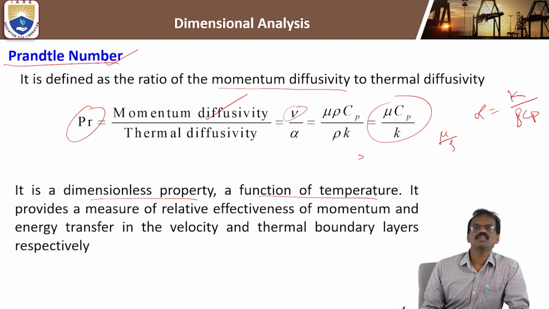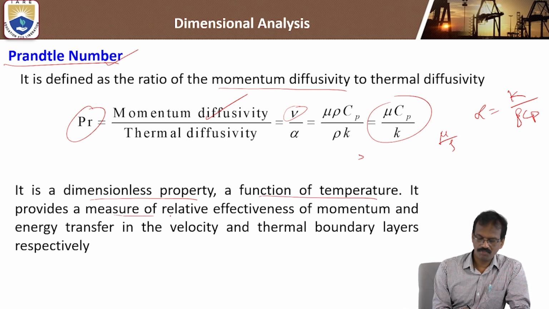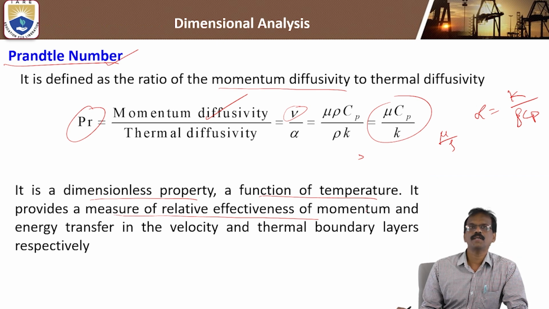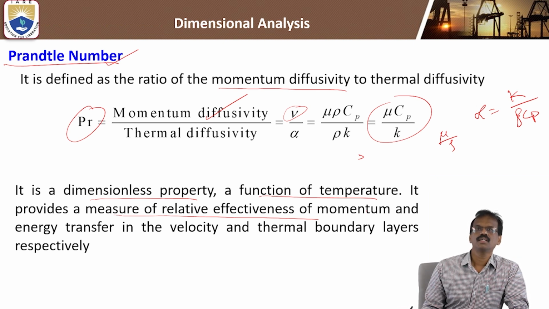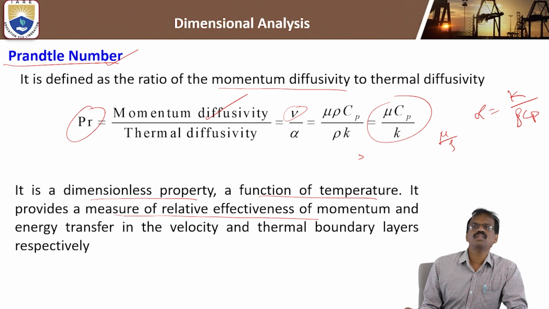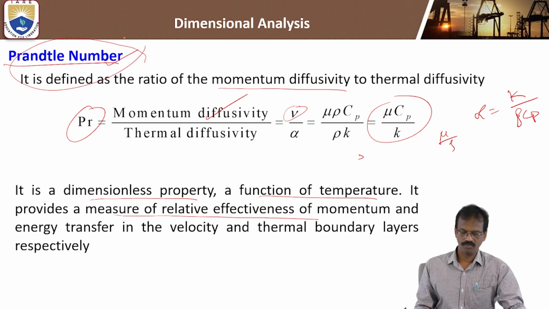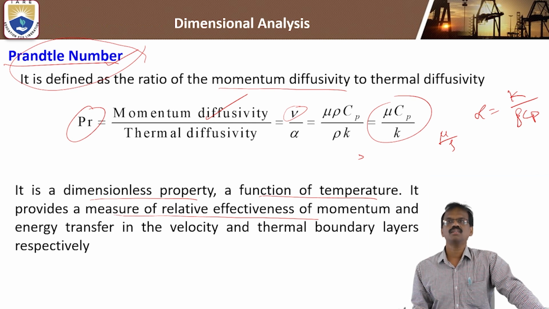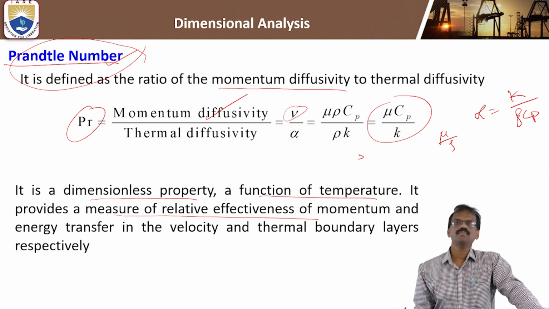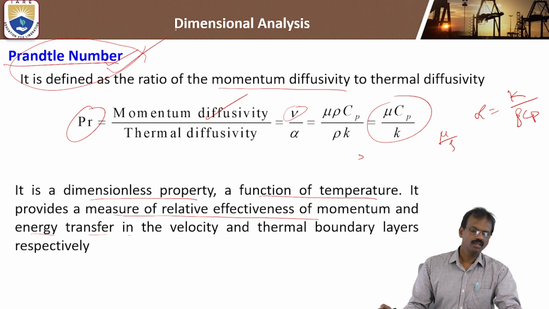It provides a measure of the relative effectiveness of momentum and energy transfer in the velocity and thermal boundary layers. So it is used to explain the conditions of the velocity boundary layer and thermal boundary layer. This is one of the dimensionless numbers, the Prandtl number, used to study the convection process.